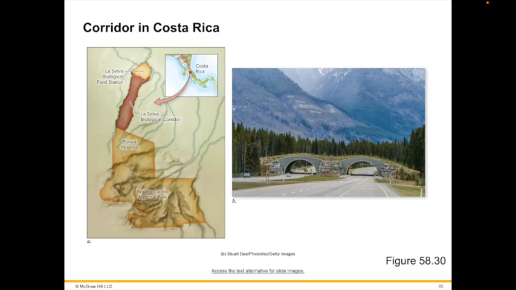Corridors in East Africa have protected the migration routes of ungulates. In Costa Rica, a corridor linking the lowland rainforests of the La Selva Biological Station to the montane forests of Braulio Carrillo National Park permits the altitudinal migration of many species of birds, mammals, and butterflies, which you see here in Figure 58.30.